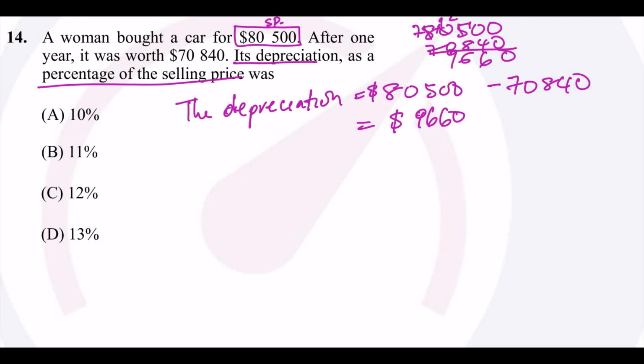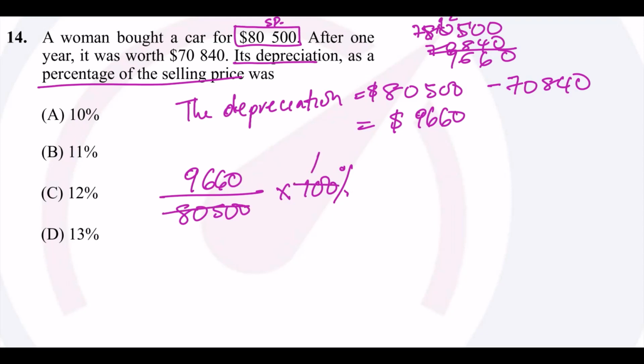So therefore, we're going to have 9,660 over 80,500 times 100%. 100 into itself 1 times, 100 into 80,500 gives us 805.